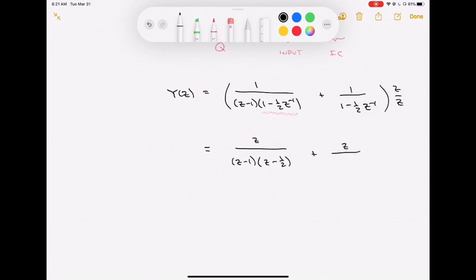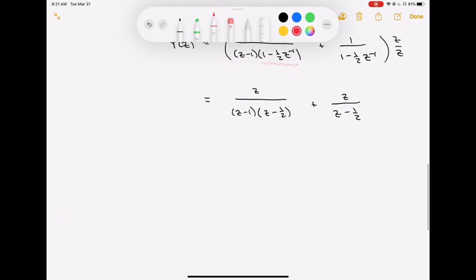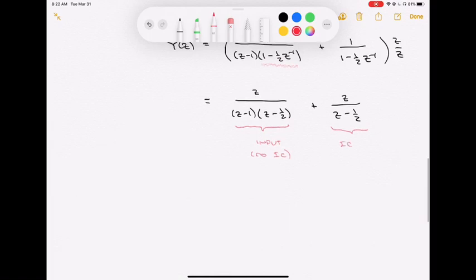I'm going to get a z in the numerator, and I'm going to get a z minus 1/2. Again, I'm going to do my accounting here and remind myself that everything on this first term came as a result of the input being applied. There was no initial condition dependence on that. And everything on the second term had to do with initial conditions. There were no input-related terms included in that.